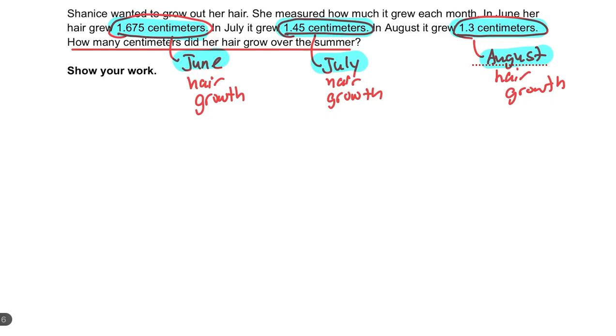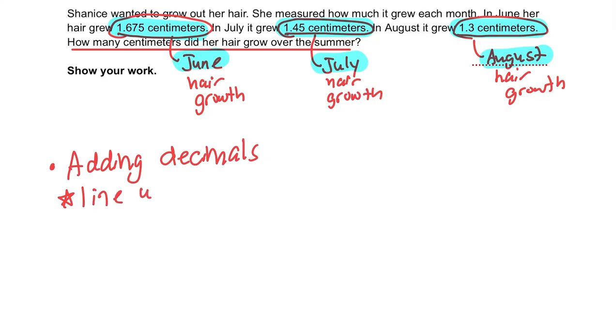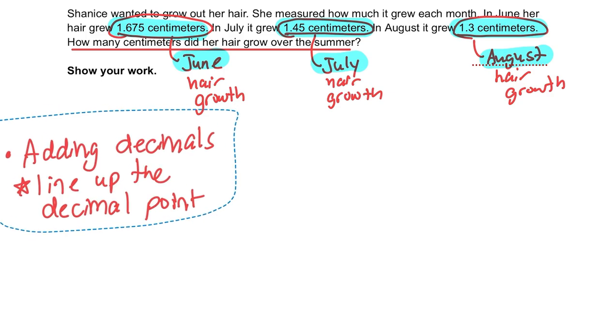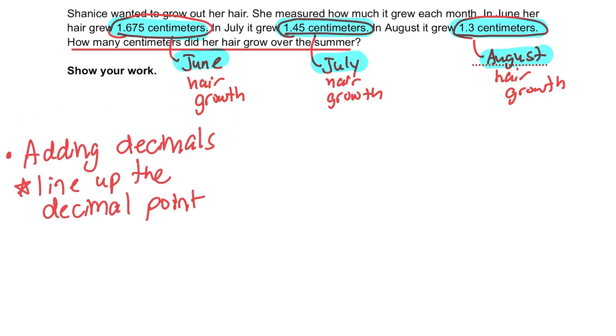And since we're adding with decimals, the most important thing is to line up the decimal point. Because when you line up the decimal point, all the place values that you need to add are getting lined up as well, which is the proper thing to do.